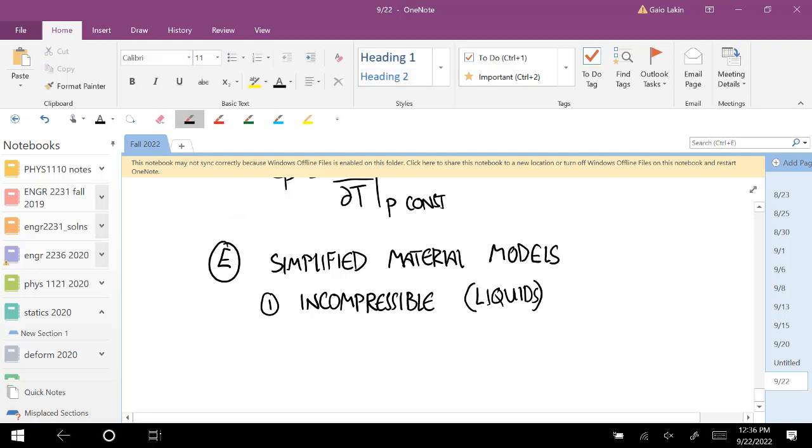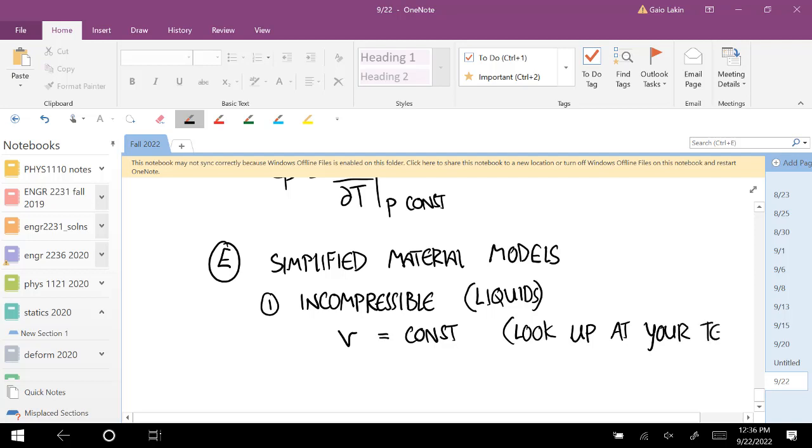And we're going to assume that the specific volume is constant, but you want to look it up at the temperature range that you're at. So look this up at your temperature.